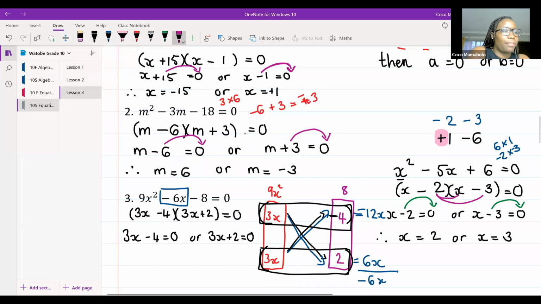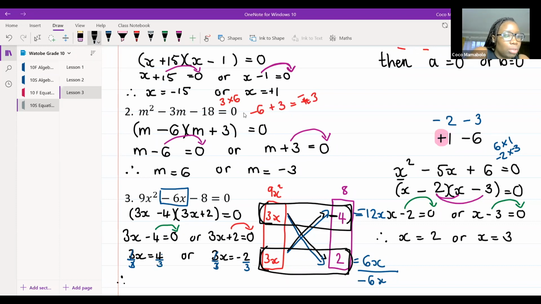I'm going to take negative 4 over to the other side, and I'm going to get 3x is equal to 4, or I'm going to take 2 over to the other side, and I'm going to have 3x is equal to negative 2. And now I want x, so I'm going to divide by 3 over here, divide by 3 over there. These will cancel. And what I do on the left-hand side, I must also do on the right-hand side.